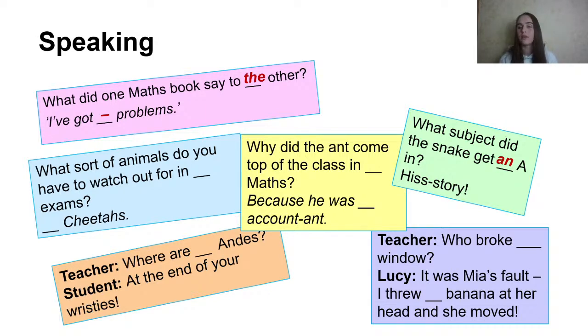So it's one: what subject did the snake get an A in? History. Just try to remember that before such marks used in English schools, like A, B, and so on, they are mostly used with the indefinite article, a or an.